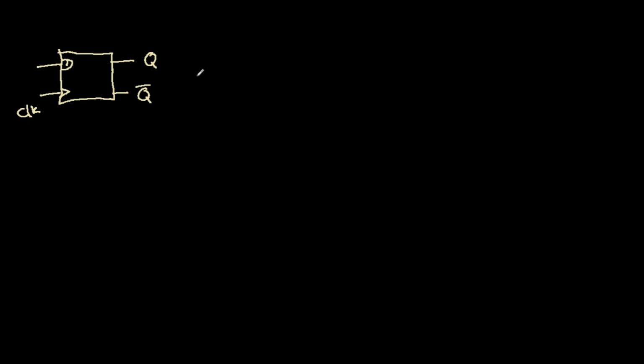The characteristic of a D flip-flop is that whenever an active clock transition comes in, whatever is at your D input gets transferred to your Q output. Some parameters you want to think about are your hold time, your setup time, and propagation delay. We won't talk much about that in this video.